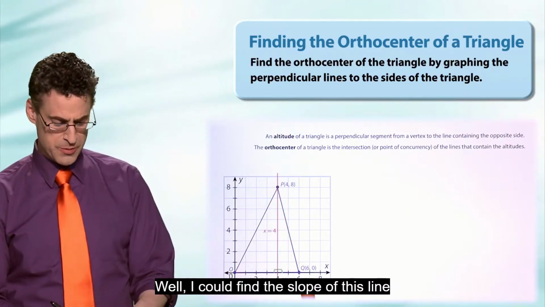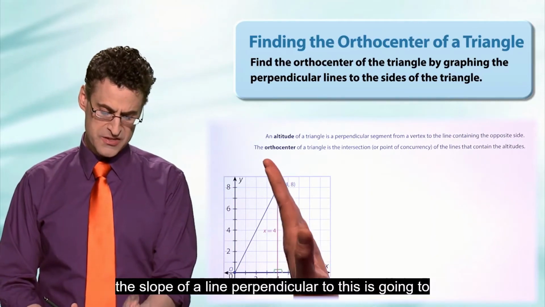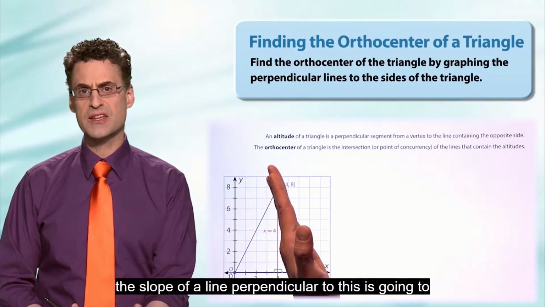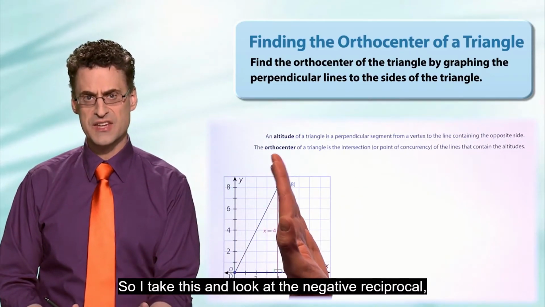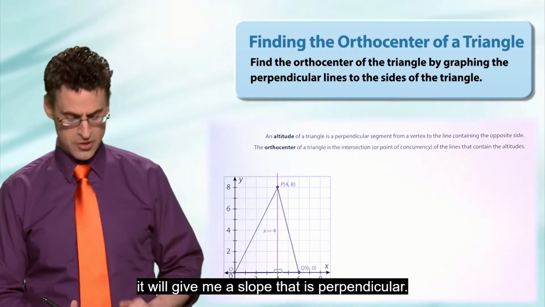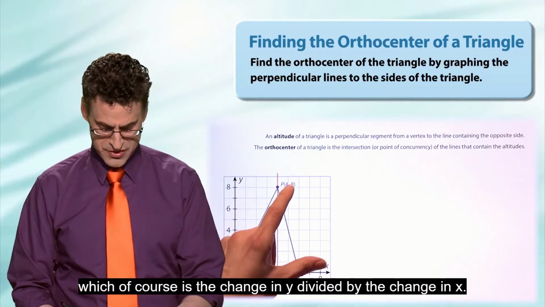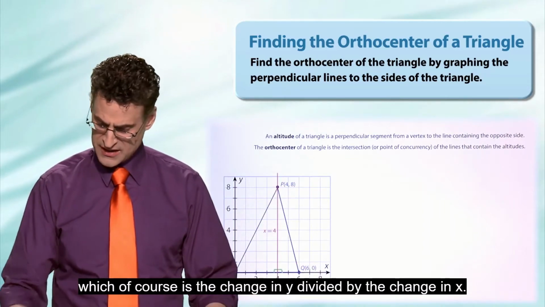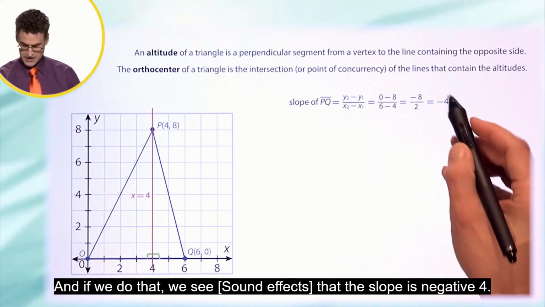Well, I could find the slope of this line, and then remember that if I know the slope of this line, the slope of a line perpendicular to this is going to be the negative reciprocal. So if I take the negative reciprocal, it'll give me a slope that is perpendicular. So armed with that, let's find the slope of this, which of course is the change in y divided by the change in x. And if we do that, we see that the slope is negative 4.